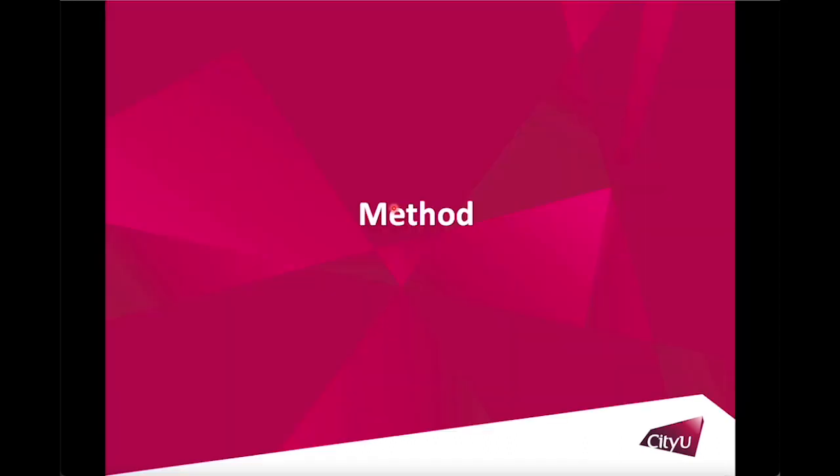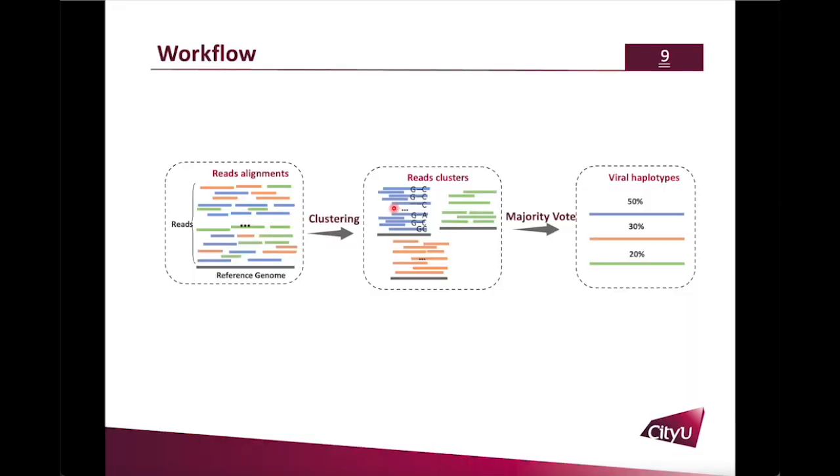So, to reconstruct the viral haplotypes from long reads, we designed a tool called HaploDMF, and I will show you how this tool works. This is the workflow of our method. First, we will align the reads to a reference genome, and then we will separate reads into clusters so that each cluster contains reads from the same haplotype.